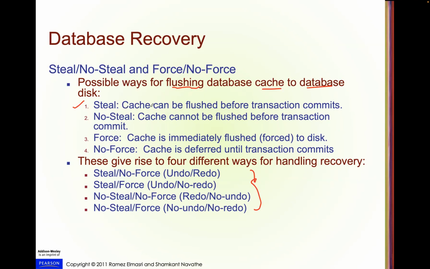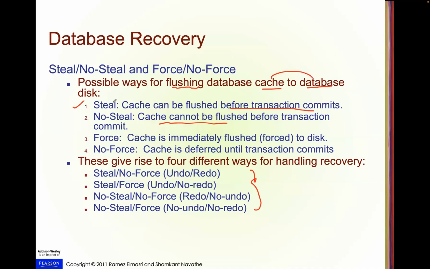Let us understand what is steal. It tells that the cache can be flushed, or the contents inside the cache can be written, before the transaction commits. Before the transaction commits, you can steal the data item values and write them into the disk. This is called steal. No steal means cache values cannot be written before the transaction commits. So steal is copying things from the cache to the disk before the transaction commits.